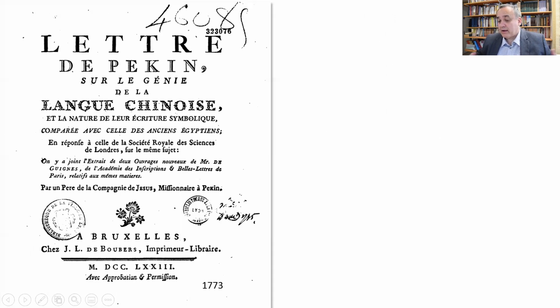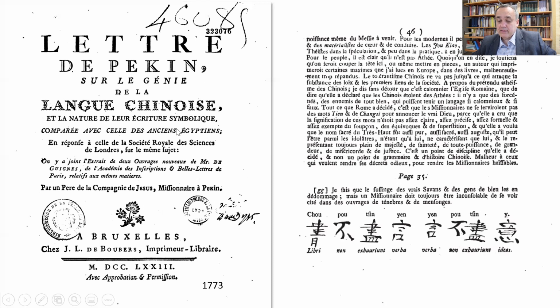But I wanted to go back a few decades further in time and still staying with the French missionaries, the Jesuit missionaries. We have this book, well, it's a letter from Peking on the genius of the Chinese language, and it's written by Sibo, who is identified here as a father of the Jesuit order, and he's a missionary in Peking.